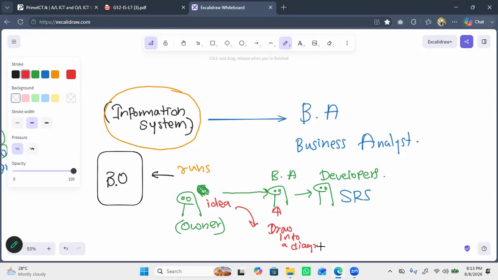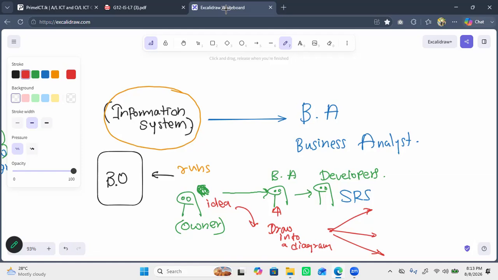So that's the diagram. We have 3 levels. Not at once are we drawing the DFDs. First of all, we will draw lots of diagrams. Sequence diagrams are there, use case diagrams are there. You don't need to know all those diagrams. You just need to know business analyst modeling, and then business activity modeling, and then the DFD diagram.